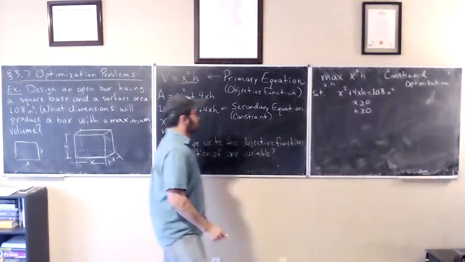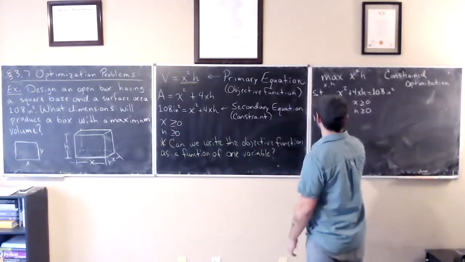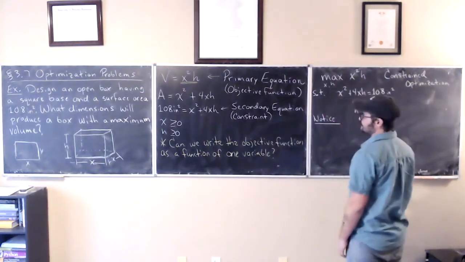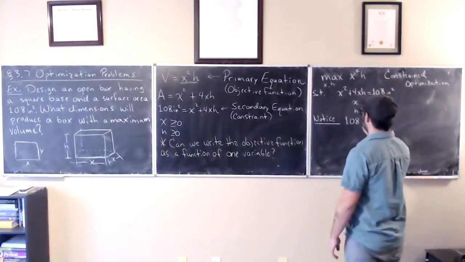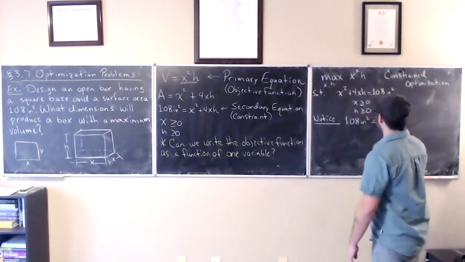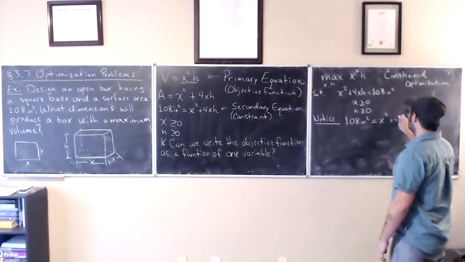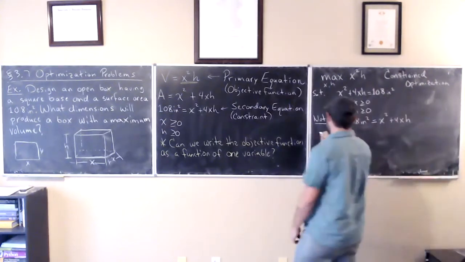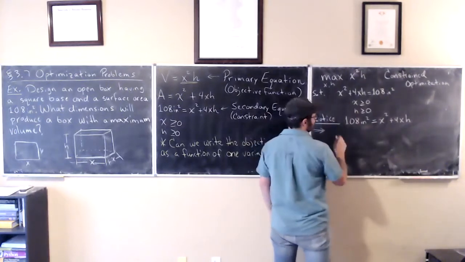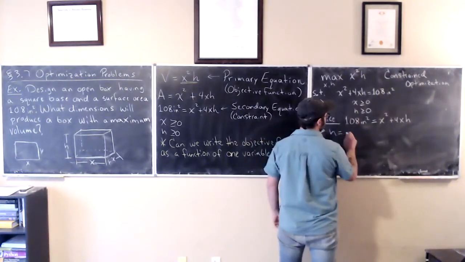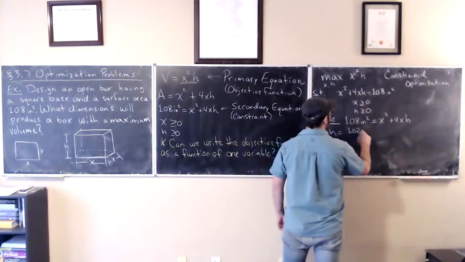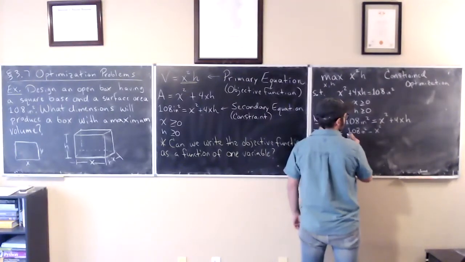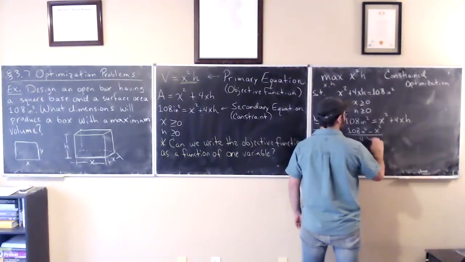So in particular, we can say, notice that this equation here implies that h is equal to 108 square inches minus x squared all over 4x.